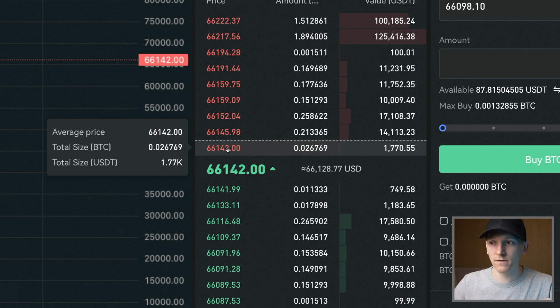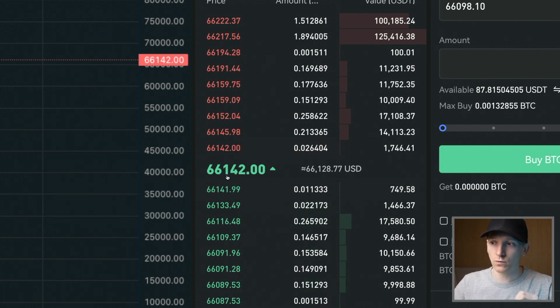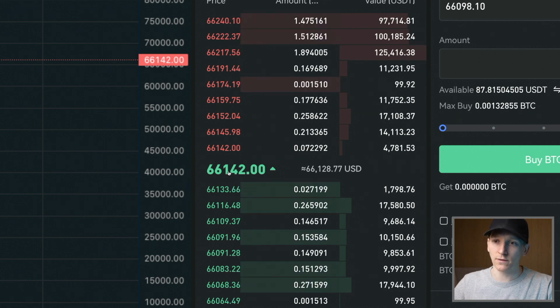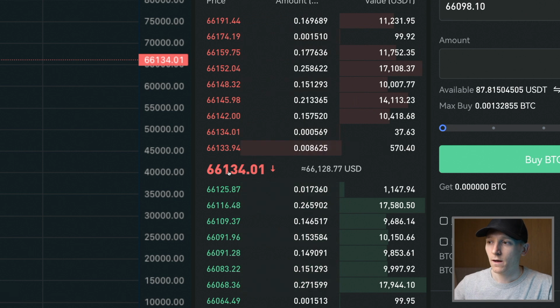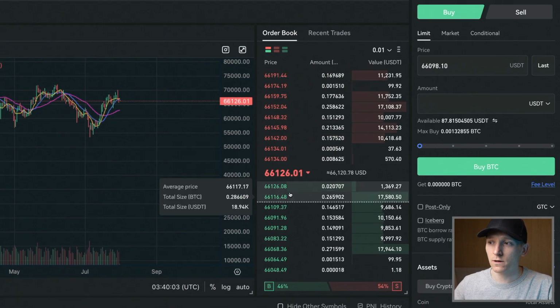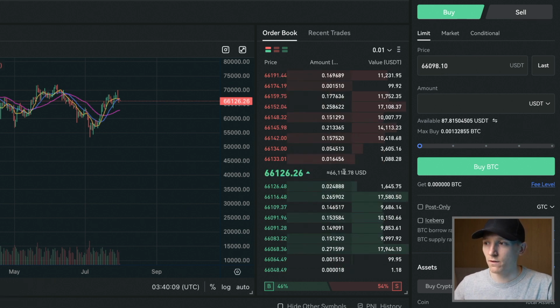If someone comes in as a seller and sells at this lower price here, then that's obviously a sell order, and the price will flash red, showing that the last trade was a seller who took the lower price. In any case, we just need to know that this is the mid price, and we can put our orders in around that as we want. So that's the order book, and that is how pricing works.